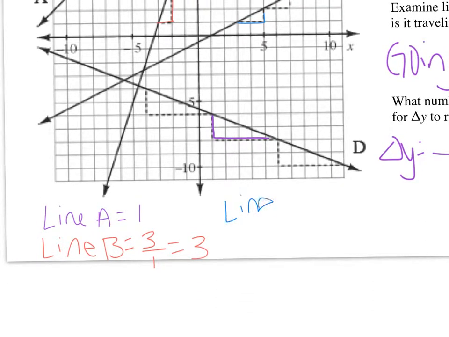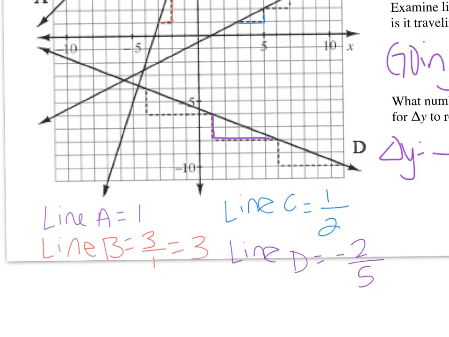So line C is 1 over 2. And then line D, we saw is going down 2 and over 1, 2, 3, 4, 5. So down 2 over 5.